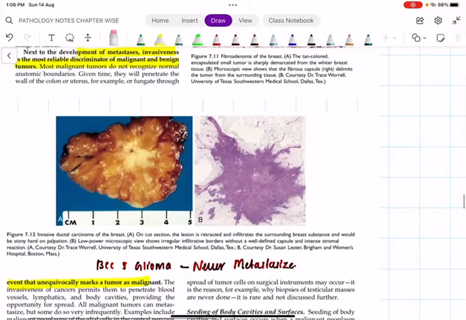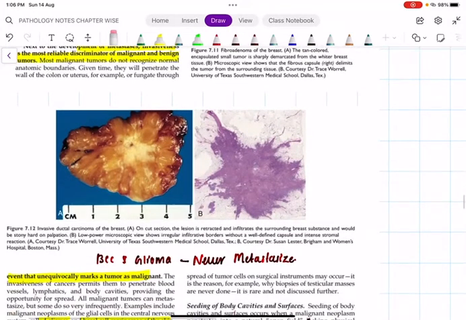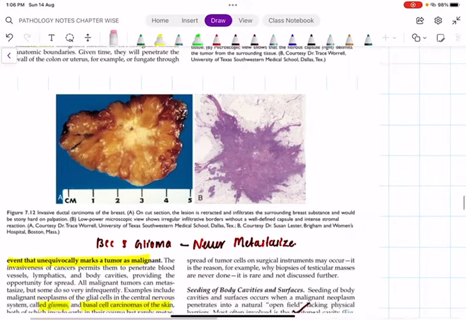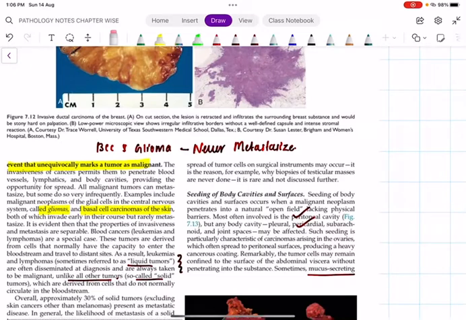This definition is important, and it unequivocally marks a tumor as malignant. So no benign tumors will undergo metastasis, but malignant tumors will always metastasize with the exception of two conditions. One is basal cell carcinoma, also called a rodent ulcer. It is a carcinoma of the skin, and another one is glioma, which is the cancer of the CNS. These are the two cancers which never undergo metastasis.